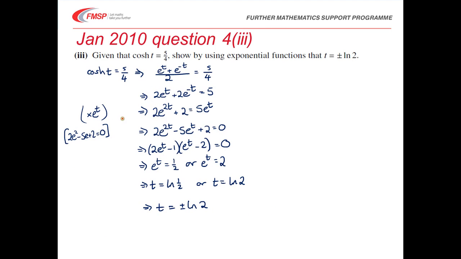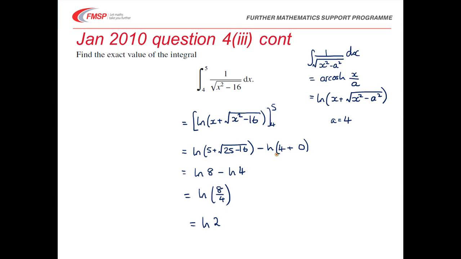For part 3, there is a method mark for ending up with a quadratic in e to the t. There's another method mark for solving it, an accuracy mark for doing that correctly, and an accuracy mark for completing to the answer given with a convincing set of working.